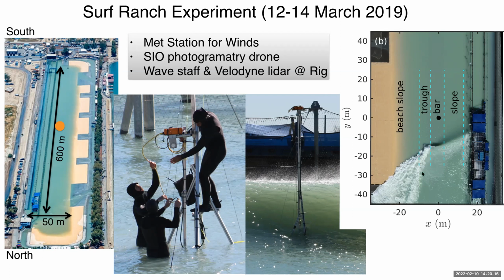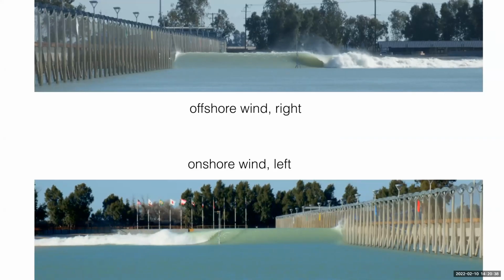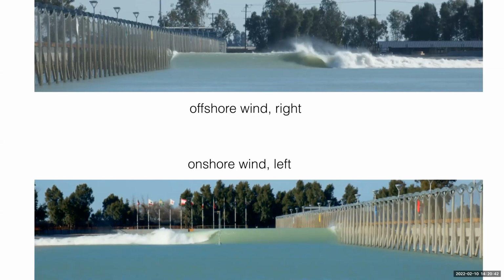We also define a Surf Ranch coordinate system where X is the cross-basin direction, and Y is the along-basin direction. And it's defined such that 0, 0 is the location of the rig here, and schematically it's located at that location.